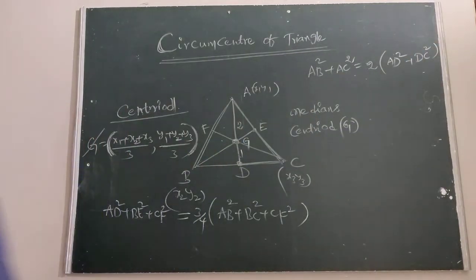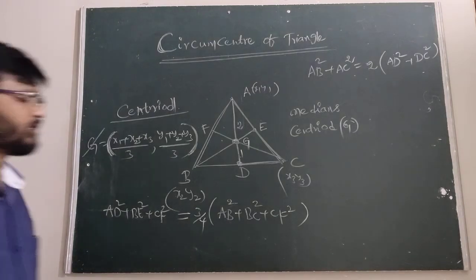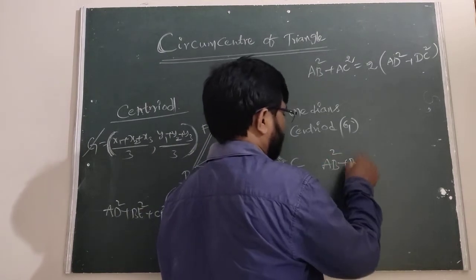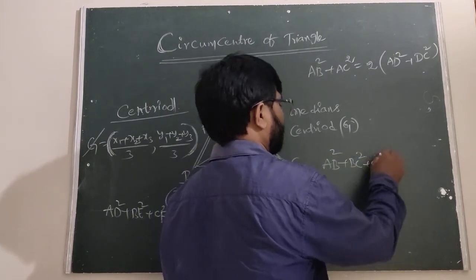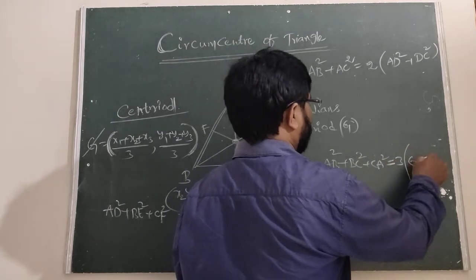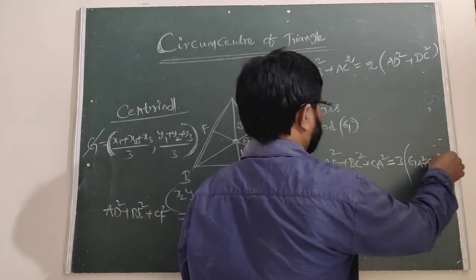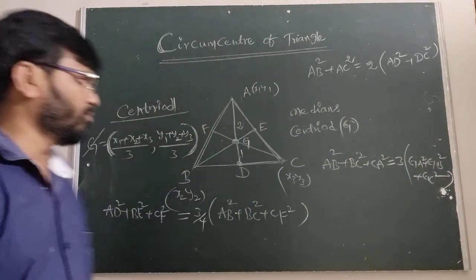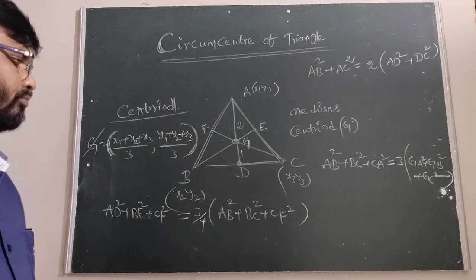At the same time, AB square plus BC square plus CA square, the sum of the squares of the sides, is equal to 3 times GA square plus GB square plus GC square.